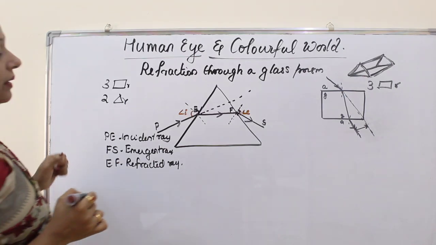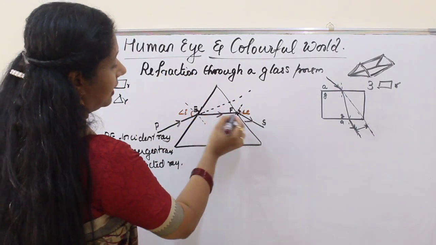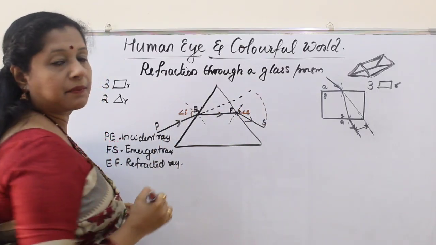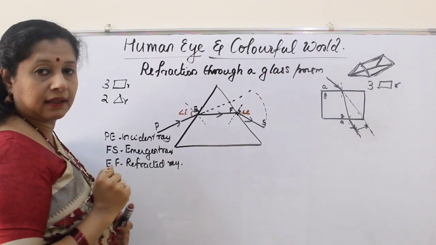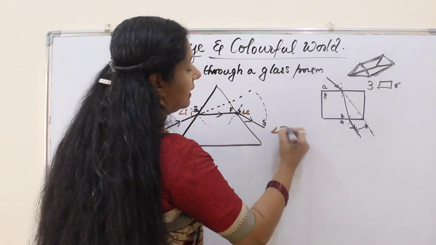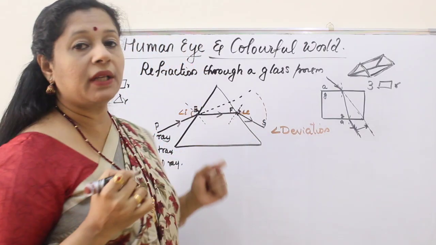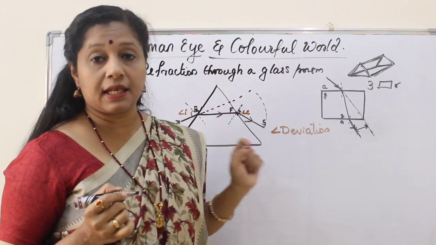Now see, this ray was supposed to go this way, but now it is here. So this much it has bent. That angle is called the angle of deviation, the amount of deviation that happened to the incident ray after refracting through a glass prism.